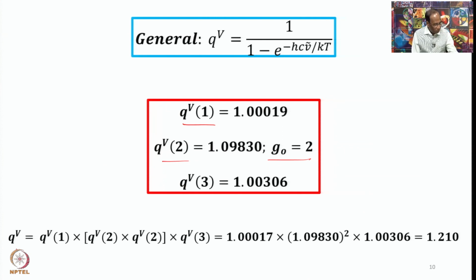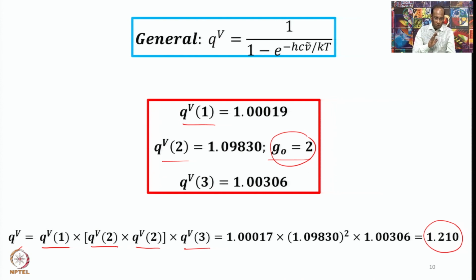The overall vibrational partition function will be the first one into the second one, and since the second's degeneracy is 2, it will appear twice, but in a multiplicative mode. Then you have the third one, and the overall value is 1.210. Still you see the value of the vibrational contribution to the partition function is close to 1 only.